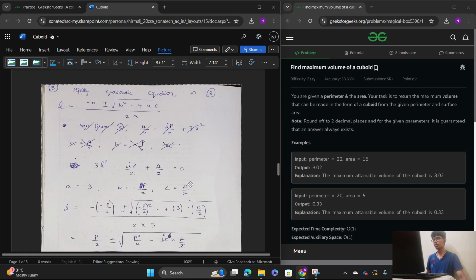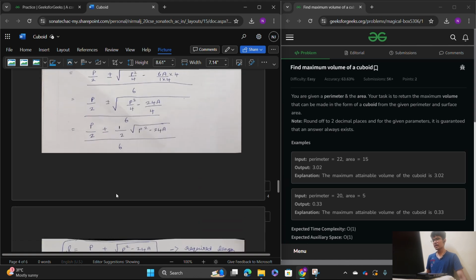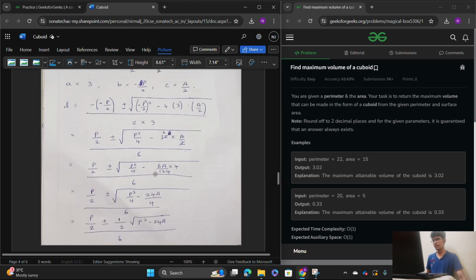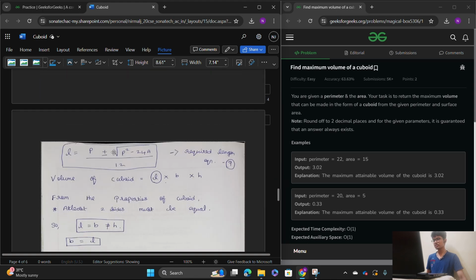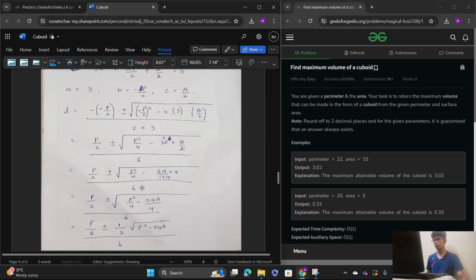After you apply, you will get L as P plus or minus square root of P square minus 24A, all by 12. This is the required equation, and I have shown the step-by-step solution of how to solve this quadratic equation.